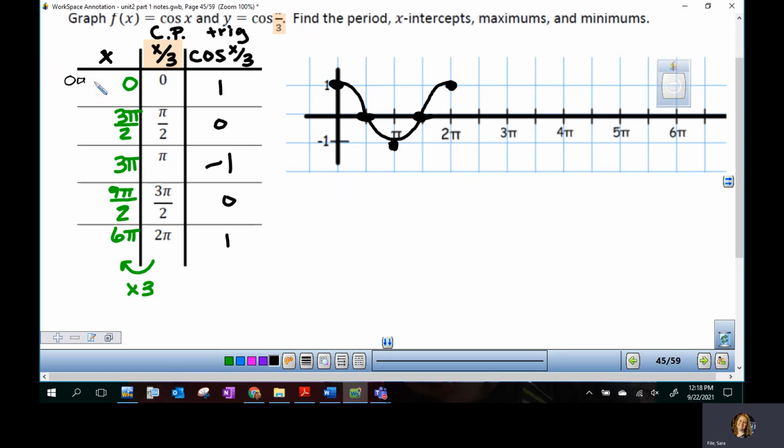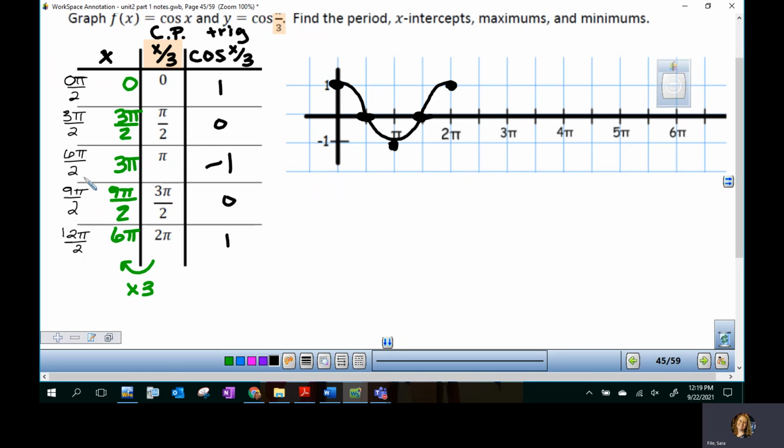So this would be 0 pi halves. This one's already 3 pi halves. The understood 1, to change it to a 2, I'd be multiplying by 2, so this would be 6 pi halves. This one's already 9 pi halves. And this would be 12 pi halves.